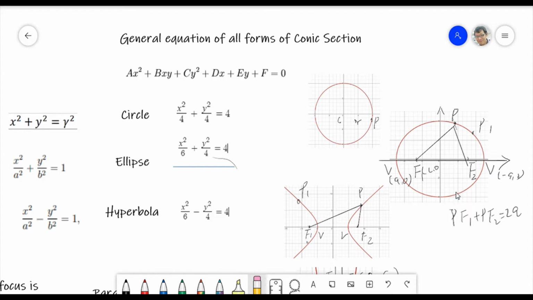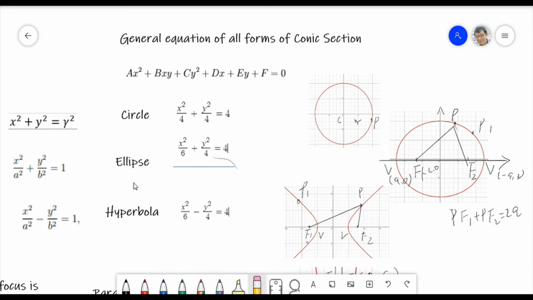The concept we need to remember is that the focus is at (c, 0) if the center is at 0, 0, and the vertex is at (a, 0) or (negative a, 0). The b is here. If the center is at 0, 0, b is the top point, up and down, right? But anyway, it can be changed to left and right.